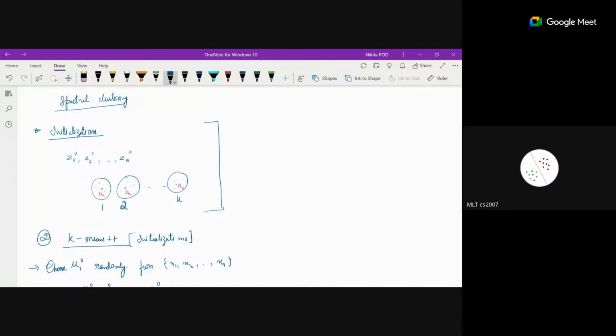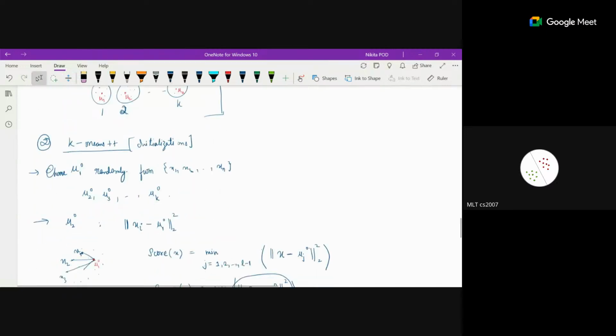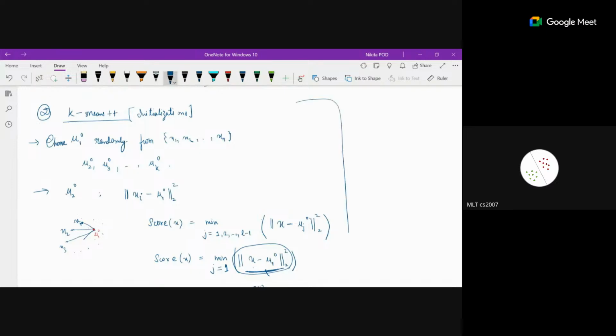But here, in the initialization, this is the whole process that my algorithm is following. I only choose the first one at random. Then based on the probability distribution that we get for all the data points, the algorithm selects one data point as mu2 naught. Then again this runs, and it takes more time to assign your mu k naught.